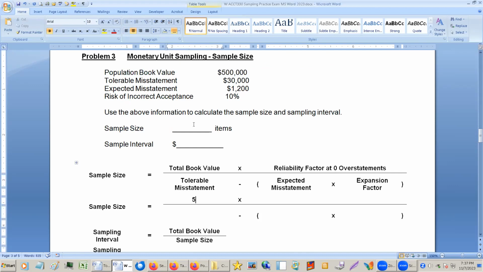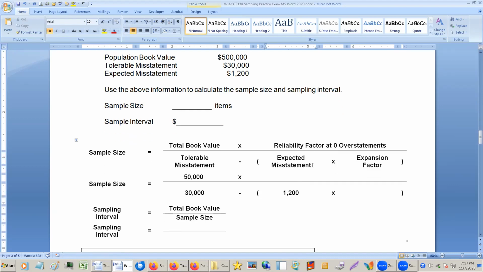So 500,000. Total misstatement is 30,000. Expected misstatement is 1,200. And now it gets into the wacky stuff.